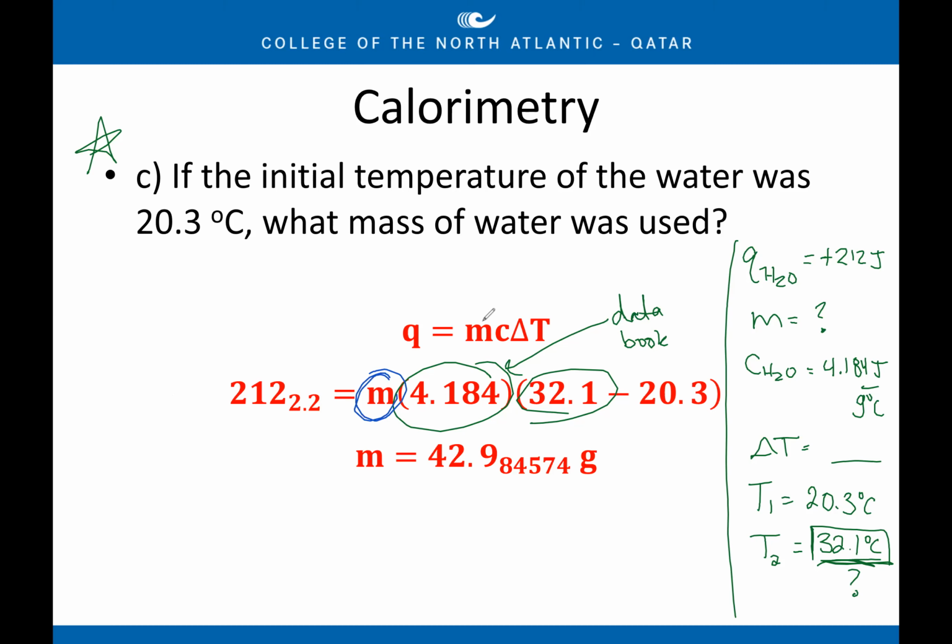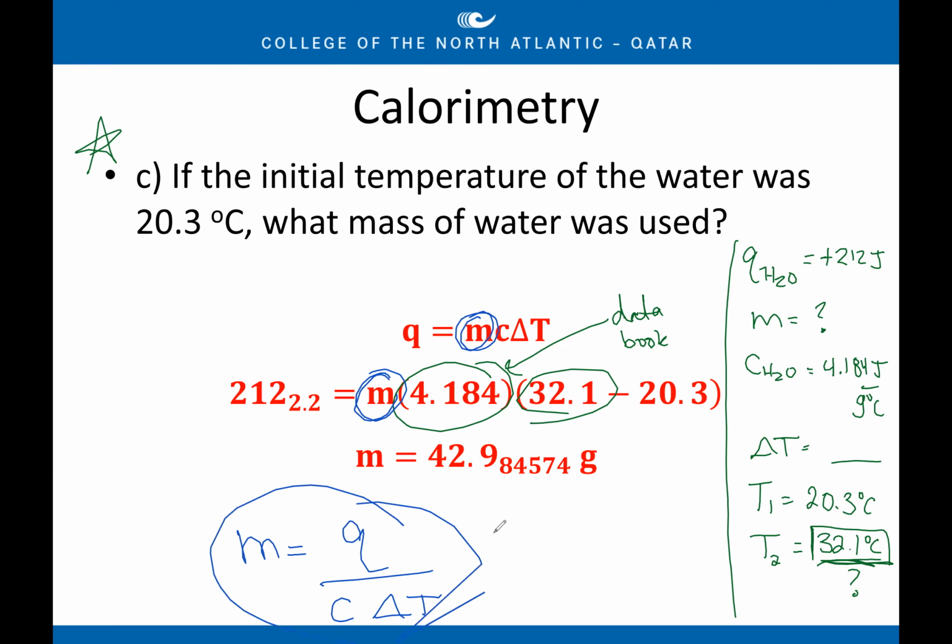Note that I'm solving for M here. M, if I rearrange this formula, is Q over C delta T. You can rearrange it first using algebra, or you can rearrange it after using the numbers, which is still algebra. But this is the formula I'm using. This is not in your data book.